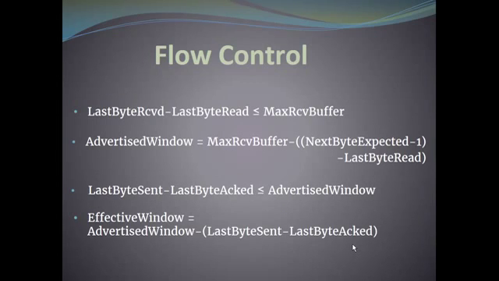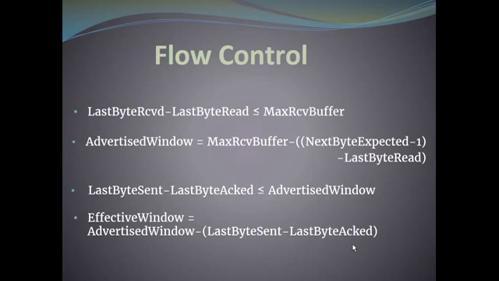Now we will enter the actual flow control discussion. As we know from the sliding window protocol, the size of the window sets the amount of data that can be sent without waiting for acknowledgement from the receiver. Thus, the receiver throttles the sender by advertising a window that is no larger than the amount of data that it can buffer. Observe that TCP on the receiver side must keep LastByteReceived minus LastByteRead less than or equal to MaxRcvBuffer, to avoid overflowing its buffer.